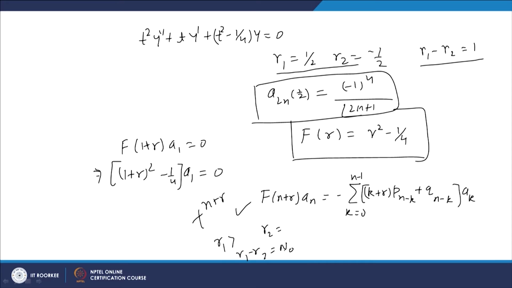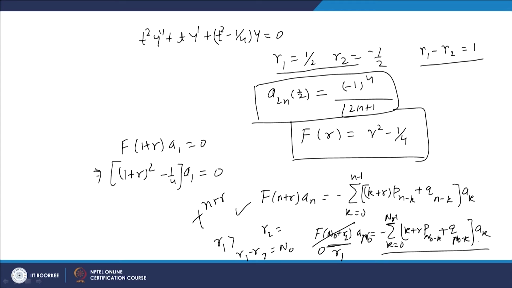Then for n equal to n naught, f of (n naught plus r2) a_{n naught} is equal to minus summation k equal to 0 to n naught minus 1 of [(k plus r2) p_{n naught minus k} plus q_{n naught minus k}] a_k. Now we already know that n naught plus r2 is r1, and r1 is a root of the polynomial f of r, so the left side is 0 times a_{n naught}, equal to this quantity.